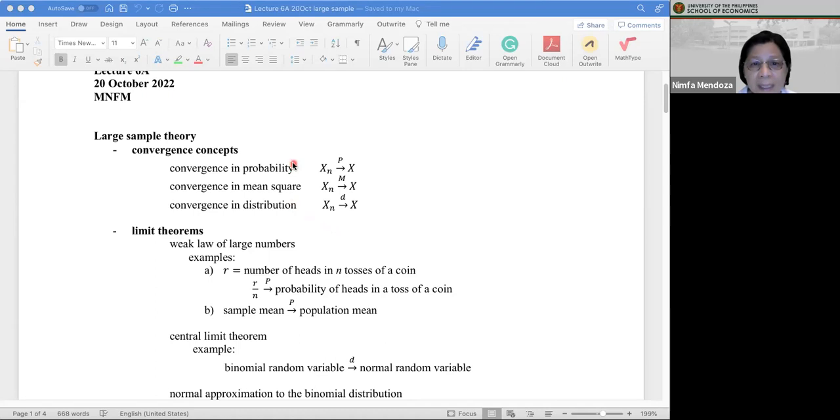We will just be taking the most basic ones: convergence in probability, convergence in mean square, and convergence in distribution. So the notation here is: the random variable x sub n converges to x in probability, the random variable x sub n converges to x in mean square, and the random variable x sub n converges to x in distribution.